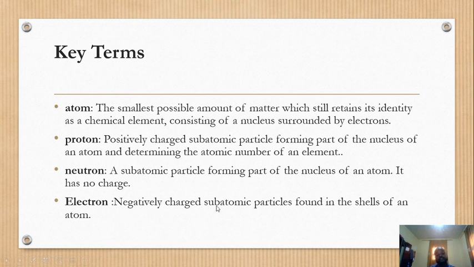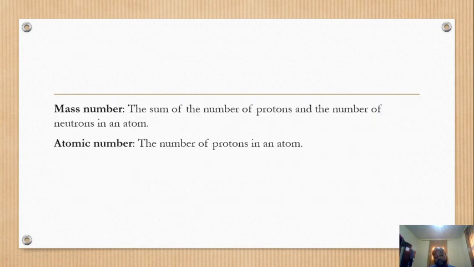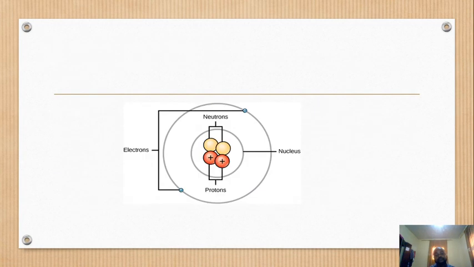An electron is a negatively charged subatomic particle found in the shells of an atom. It's usually found in the shells. In the center, if this is the atom, we have the nucleus. In the nucleus we have the neutrons, which do not have a charge, and the protons, which are positively charged. Around the nucleus we have the shells.